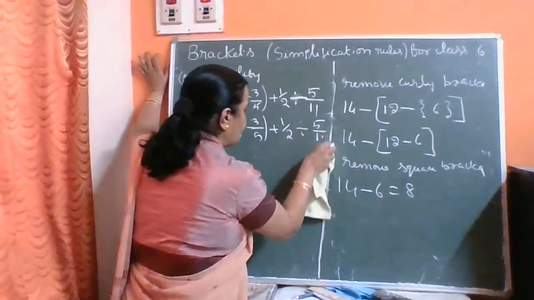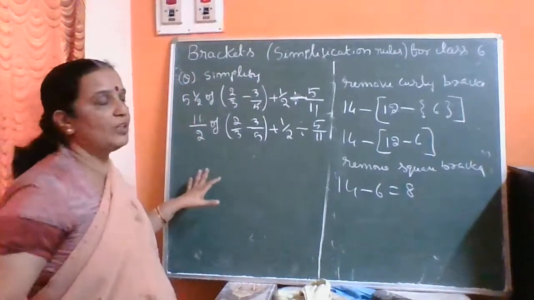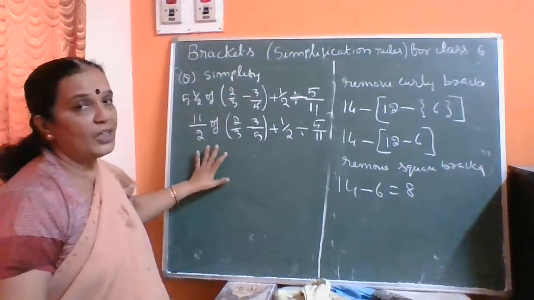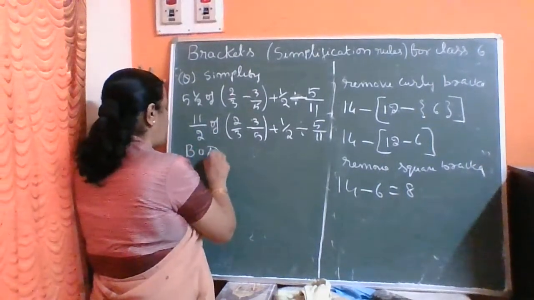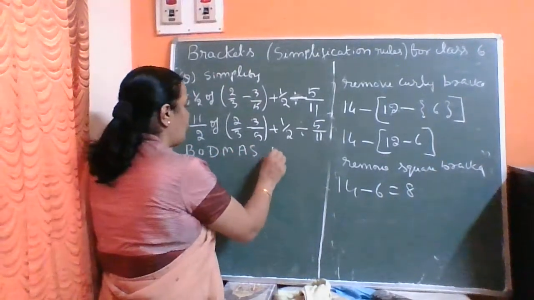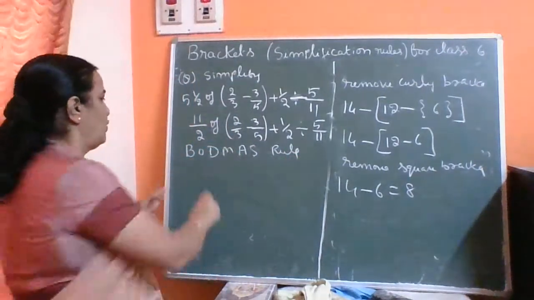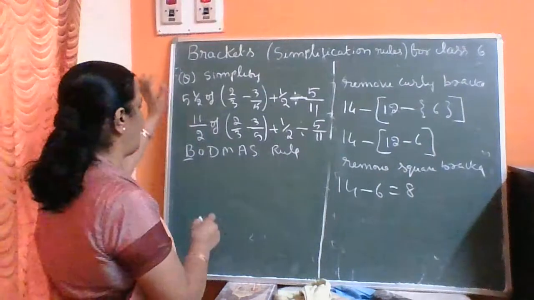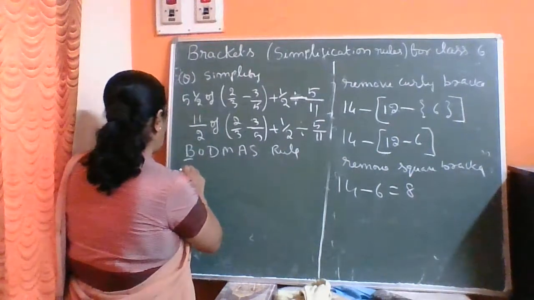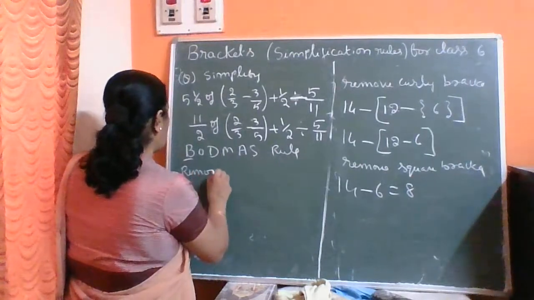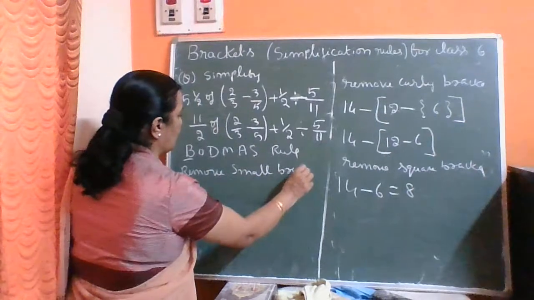Here you have to follow the BODMAS rule. Therefore, first you have to remove the bracket and all the remaining terms write as it is. That is remove small bracket first.